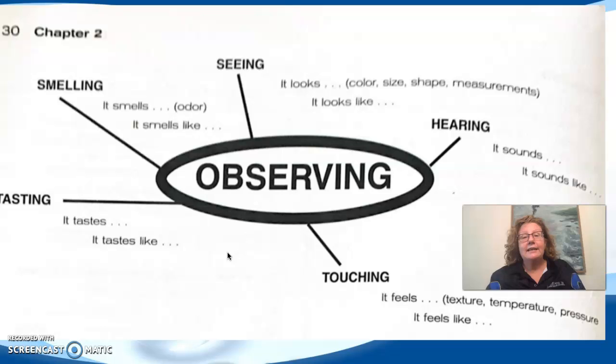Your second activity is going to be putting into practice your skills for observing. So we're not going to use the taste one, but we're going to smell our plant. We're going to look at our plant.